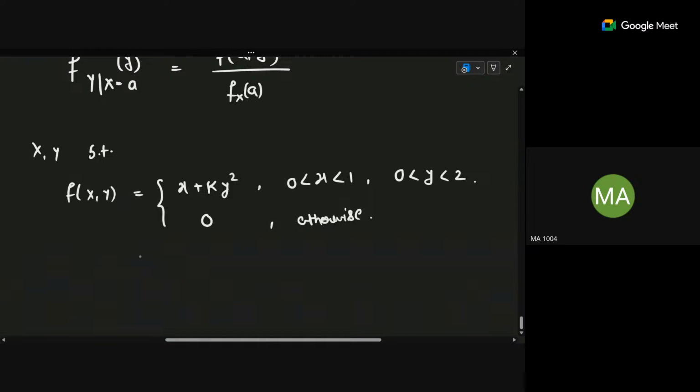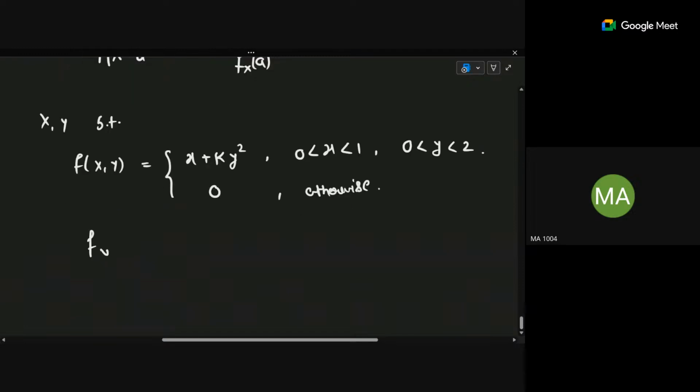Then calculate the conditional probability that y is going to take value 1, given that x has already taken value 0.5. Will you be able to solve this question?